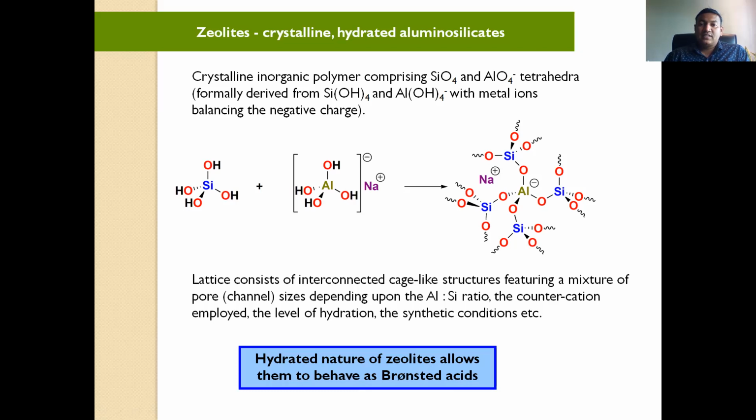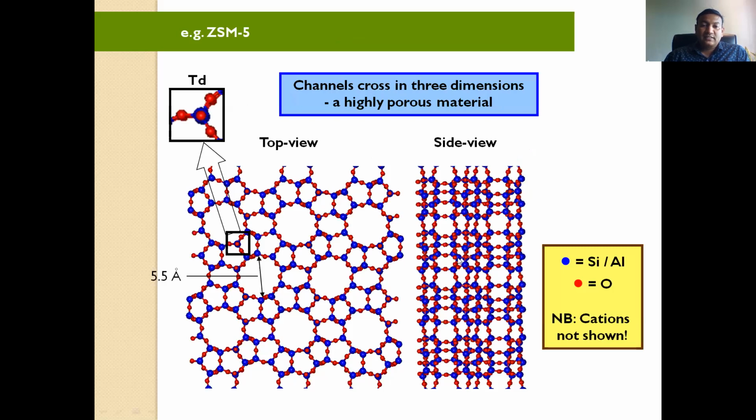So there is a process of how to activate this catalyst before using it in the reaction. We'll see the exact structure of how the cage of this ZSM5 catalyst is prepared. These are polymer type structures, and see here, this blue part is silicon and the red part is oxygen around that silicon.